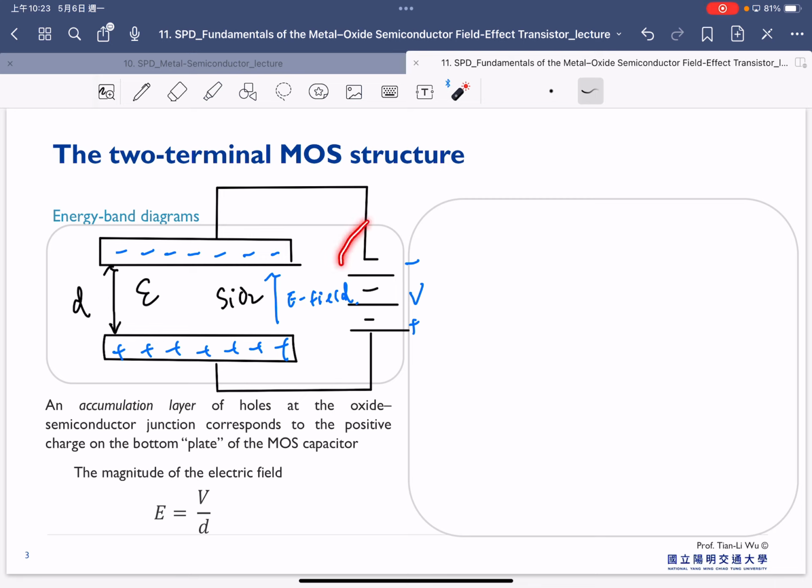But now consider back our case, the semiconductor.